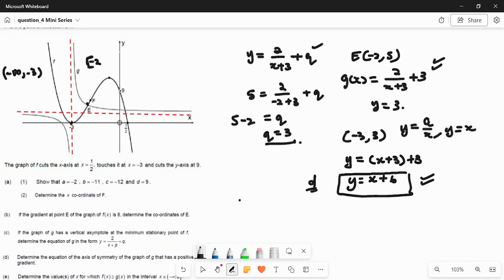From -2 up until x is 0, because that's where we end, my function of f is above the function of g. So up until 0 with square brackets. So that's my solution for E. I can say from -infinity up until -3 with round brackets, union square brackets, -2 up until 0. Yeah, it's when x is an element of that.